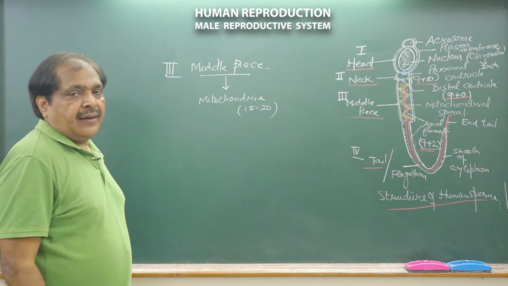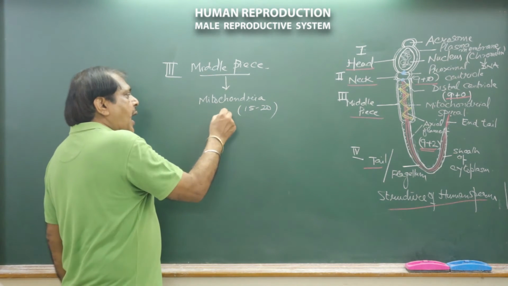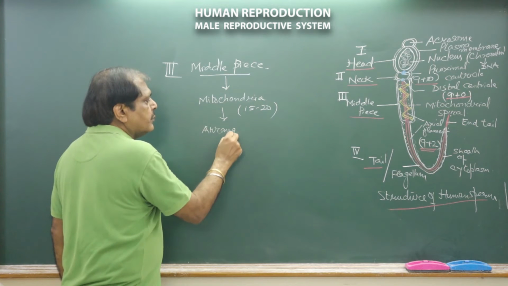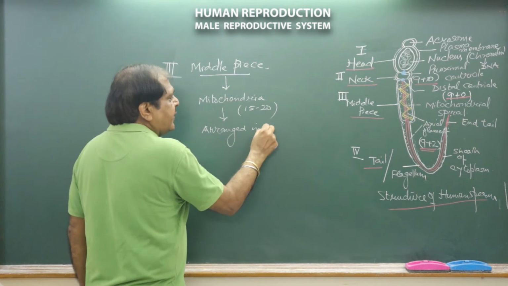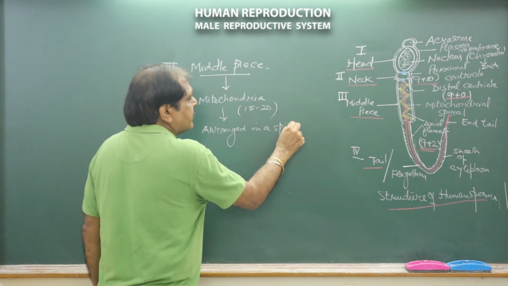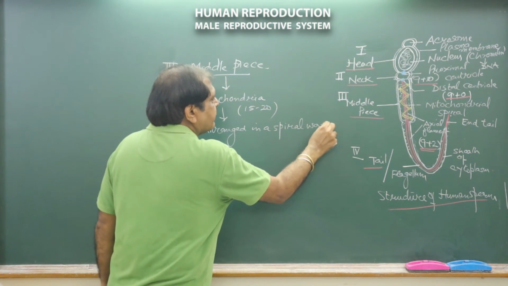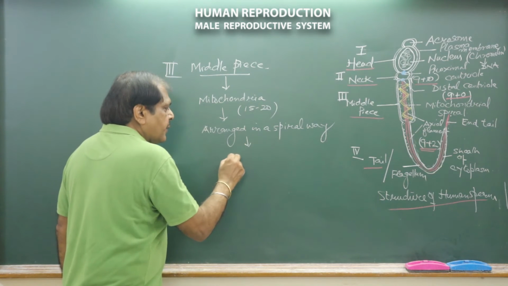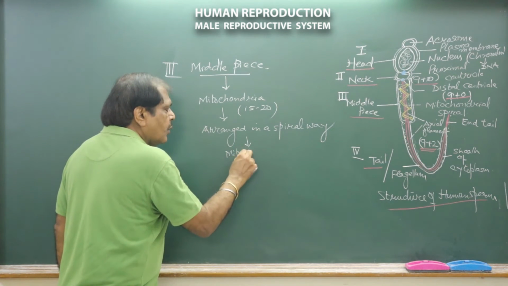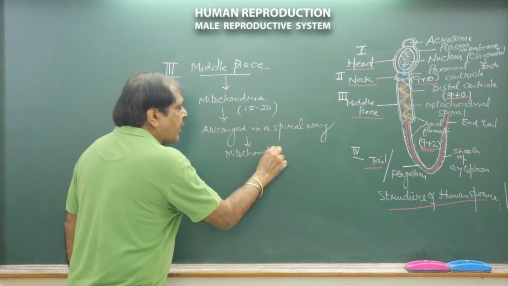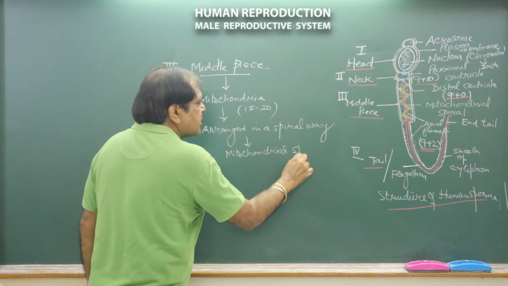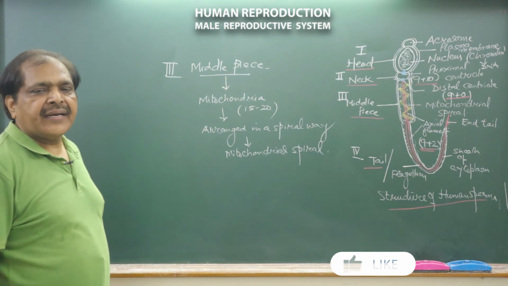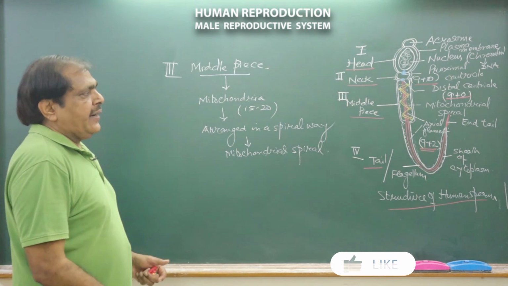These mitochondria are arranged in a spiral fashion, in a spiral way. And this is called the mitochondrial spiral.